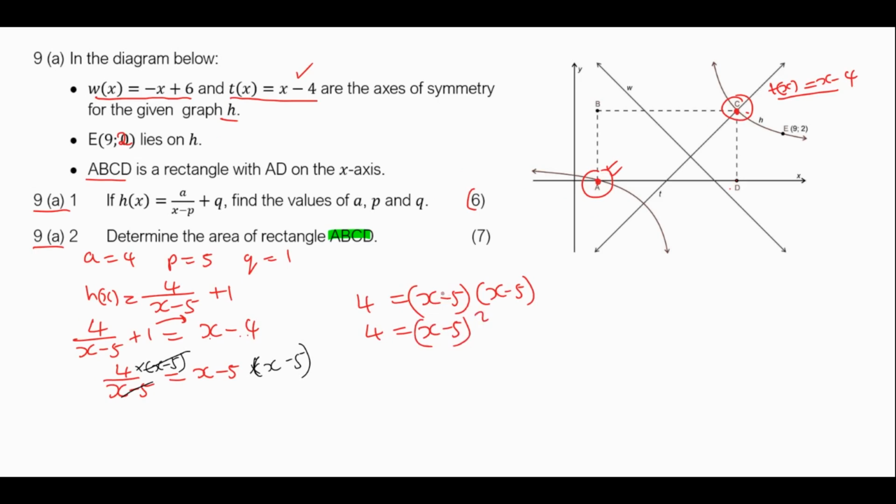You can expand this using the FOIL method. Or remember how we expand the square binomial. We square the x, and then the middle term we just say 2 times x times negative 5, and then we square the 5 for the last one. So it becomes 4 is equal to x squared, and then 2 times x times negative 5, that's negative 10x, and then 5 squared, that is 25.